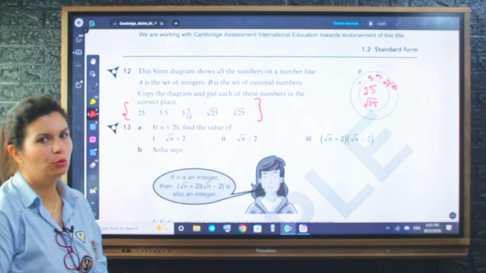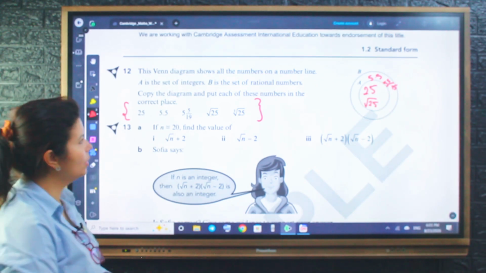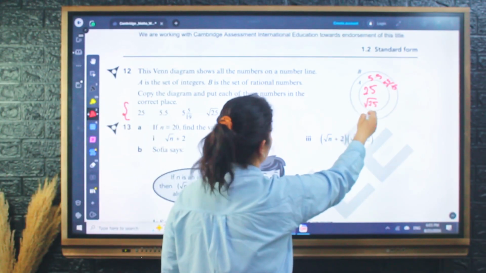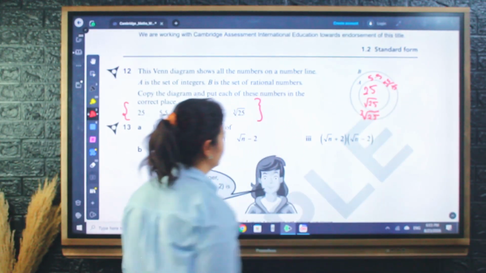The cubic root of 25, okay, we can take it out. So it's going to be in B, in the Venn diagram circle B.